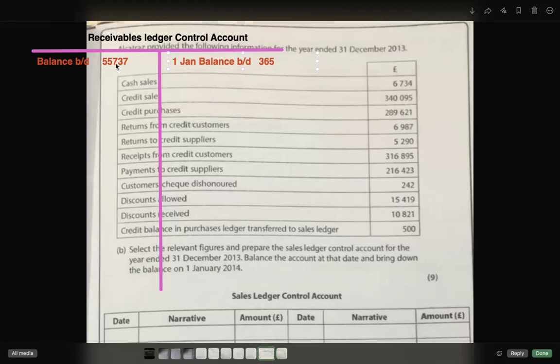Now think from the business point of view, it's your business. You will get money from your customers, from your receivables. Is that an asset or a liability for you? These 55,000 taka, you will receive from your customer receivable. Is that an asset or a liability to you? Yes, sir.